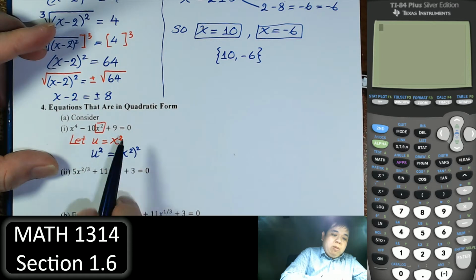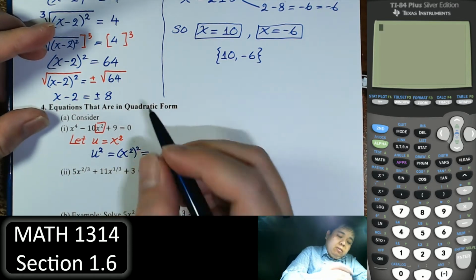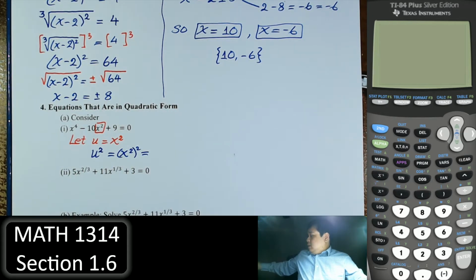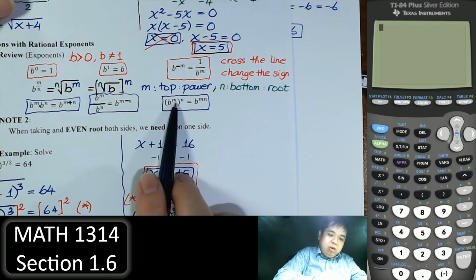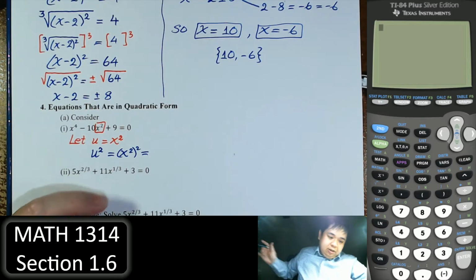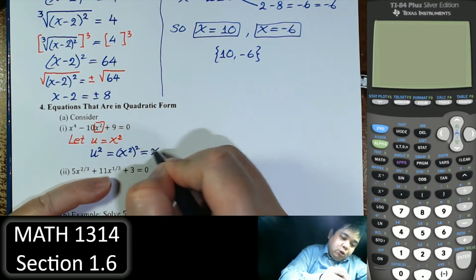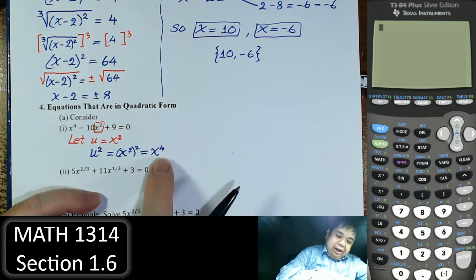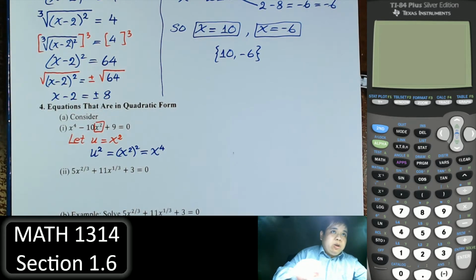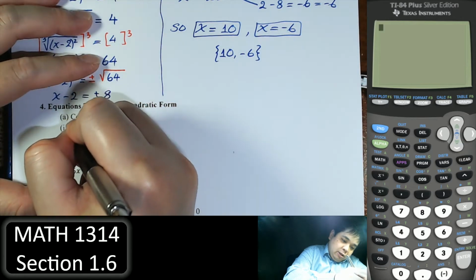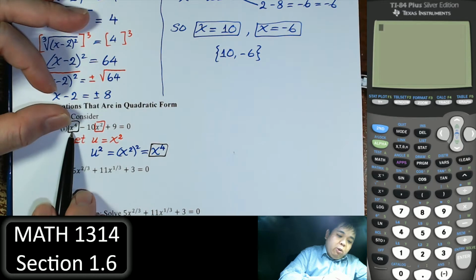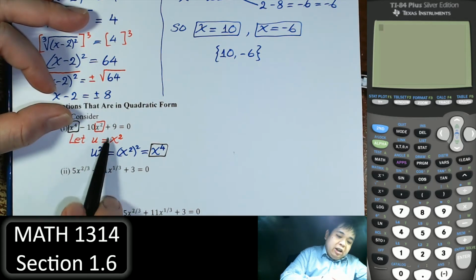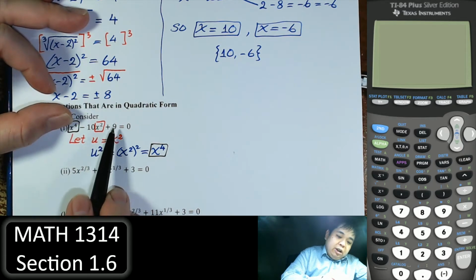Once again we have a power to a power, meaning we will multiply the powers together. 2 times 2 is 4, and that's the same thing as x to the 4th here. So we have u to the 4th, u squared, u, and a constant.